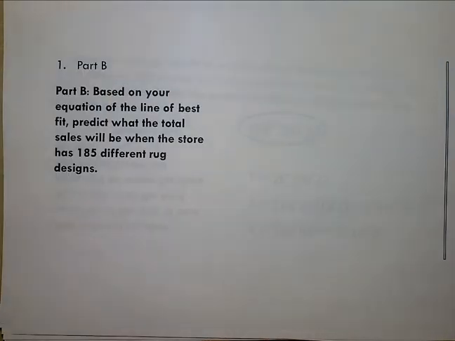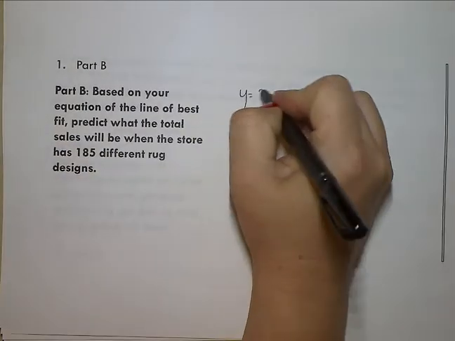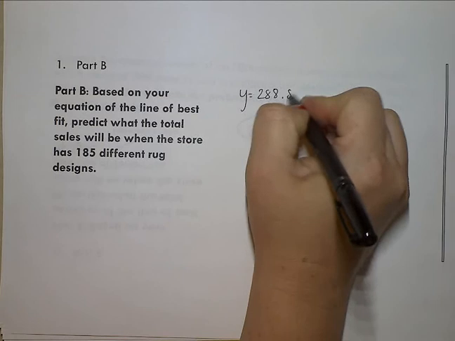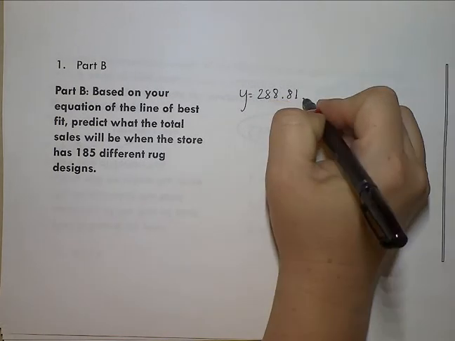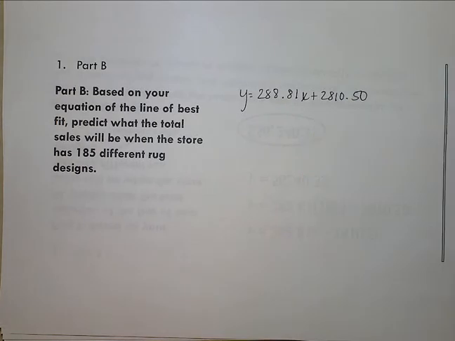This is part B. So part B says based on your equation. So I'm going to write the equation down. So based on your equation of the line of best fit, predict what the total sales will be when the store has 185 different rug designs.